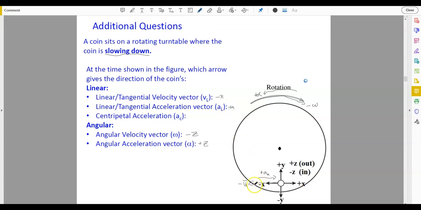Because that means it's slowing down, right? A leftward velocity vector, for it to slow down, has to have a rightward pointed acceleration vector. Okay? Well, the centripetal acceleration vector is going to be pulling this coin towards the center of the circle. So that's going to be pointed in the positive y direction. Okay?